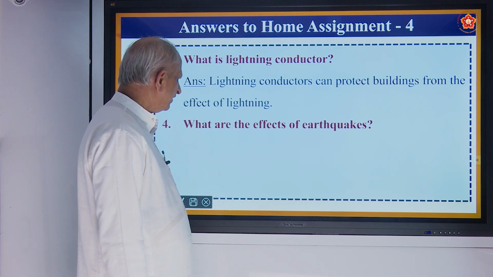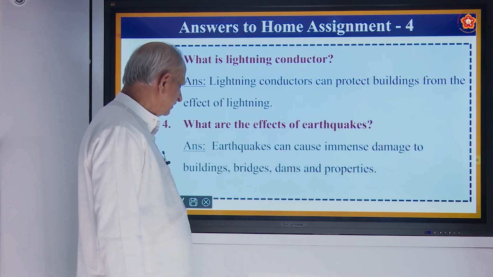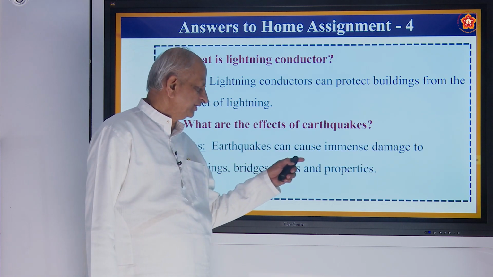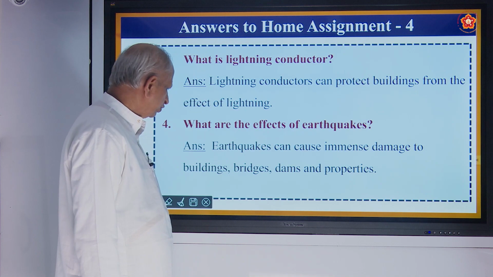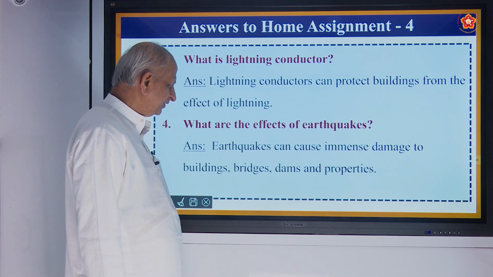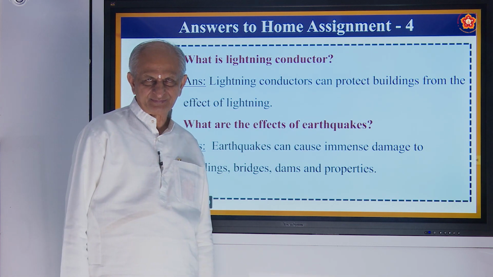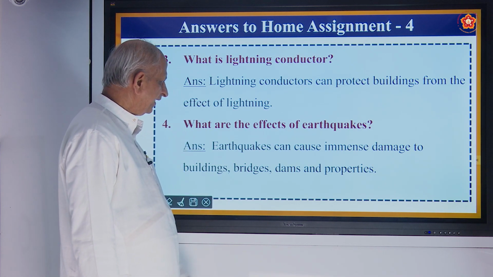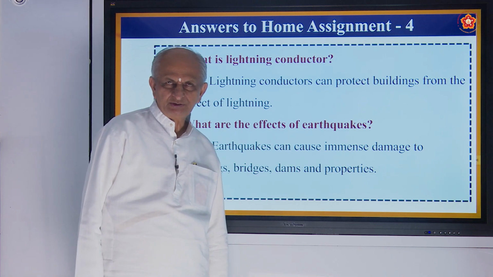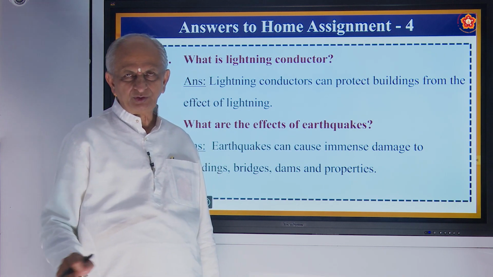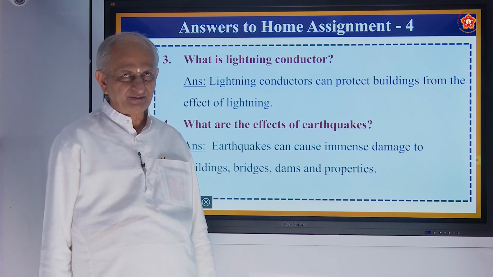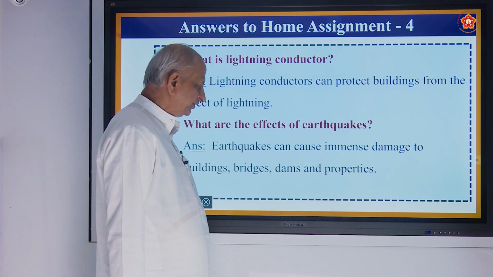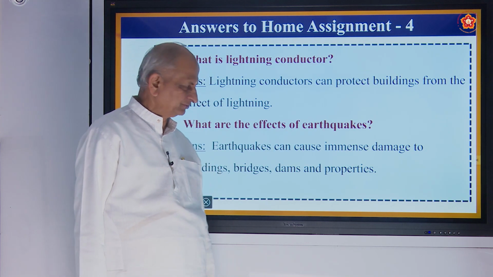Okay, what are the effects of earthquakes? Earthquake can cause immense damage to buildings, bridges, dams and properties. Okay, dams also, when the earthquake is huge or more than 7, it will cause damage to the dams also.